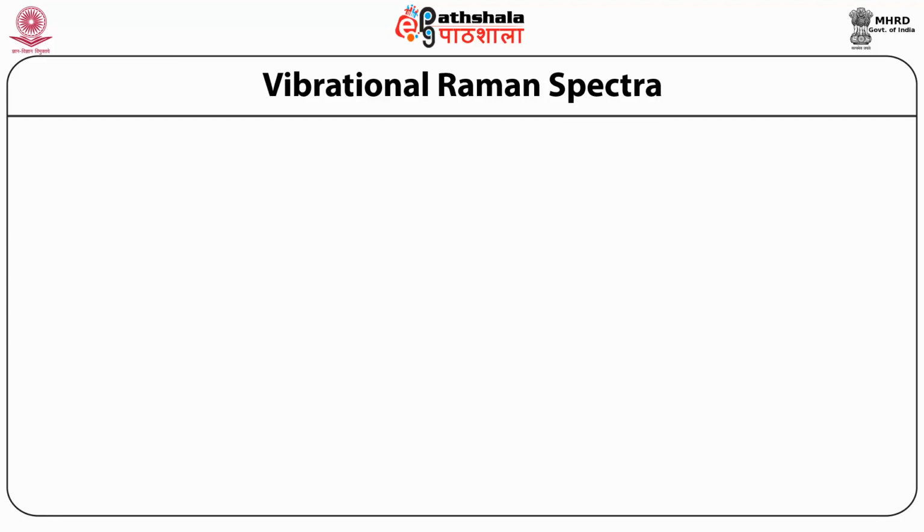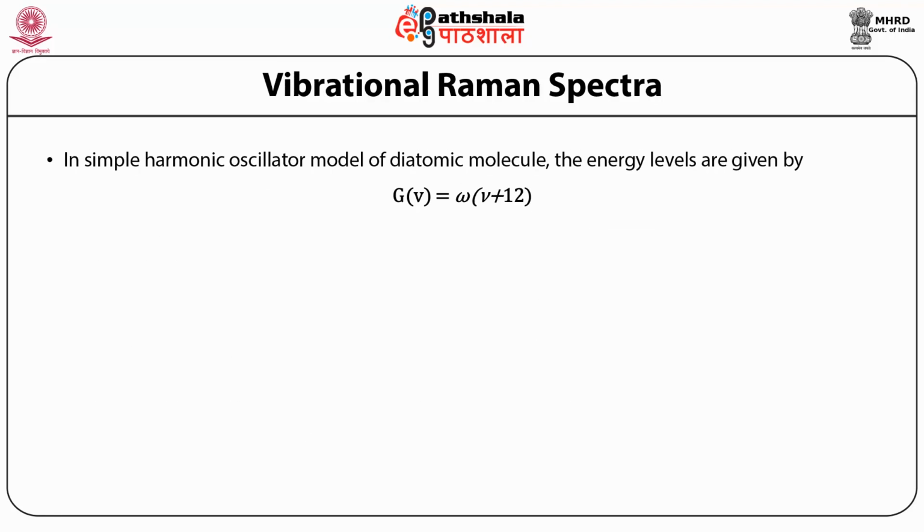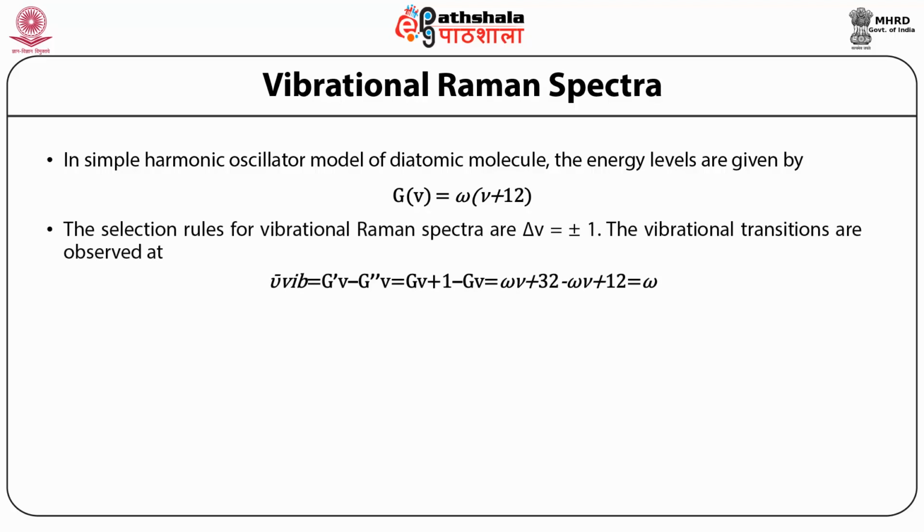Vibrational Raman spectra. In the simple harmonic oscillator model of a diatomic molecule, the energy levels are given by G(ν) = ω(ν + 1/2). The selection rules for vibrational Raman spectra are Δν = ±1.